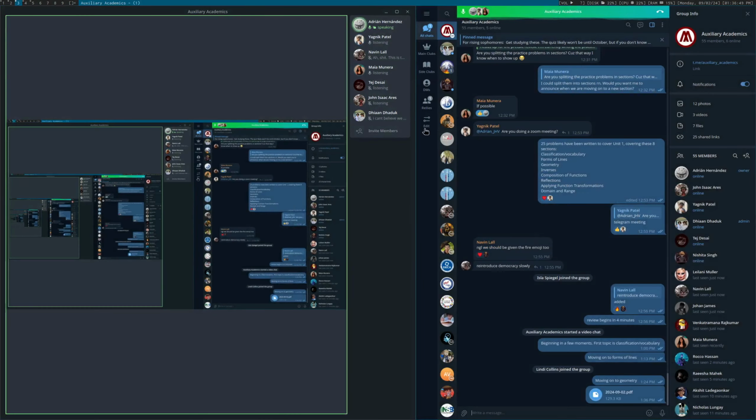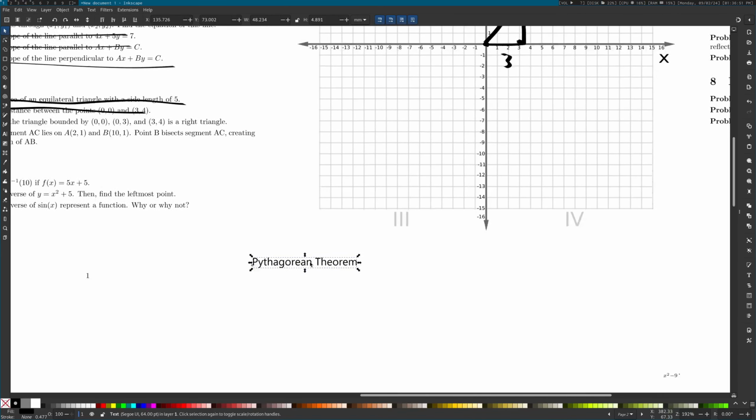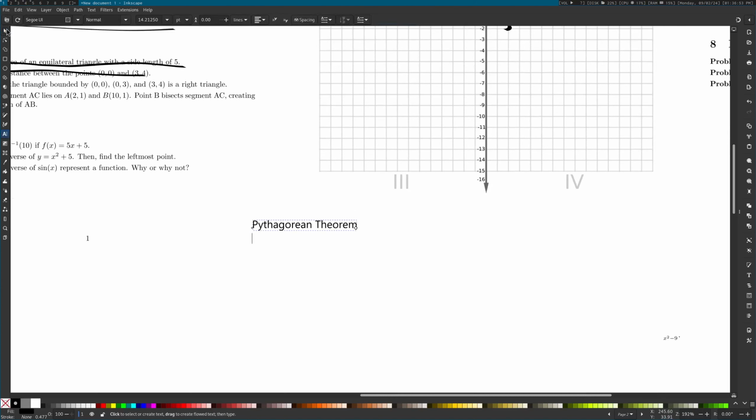Okay, so we're gonna use a special version of the Pythagorean theorem. The regular statement is if a triangle is right, then it satisfies a squared plus b squared equals c squared. What we're gonna do is the converse. You guys remember the converse from geometry?